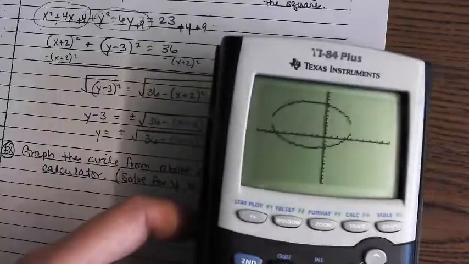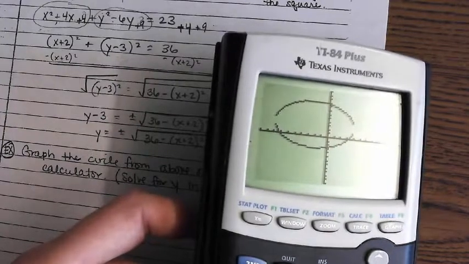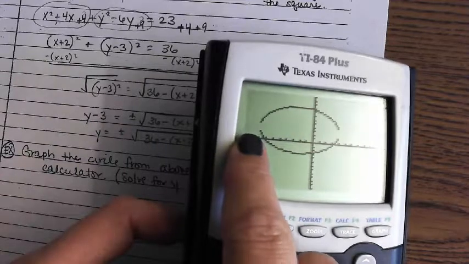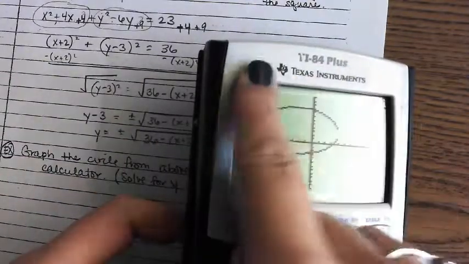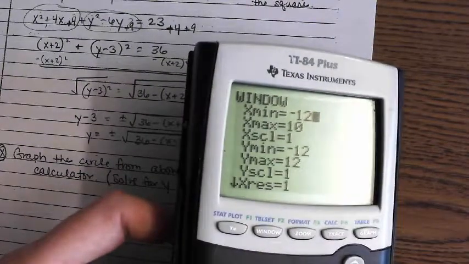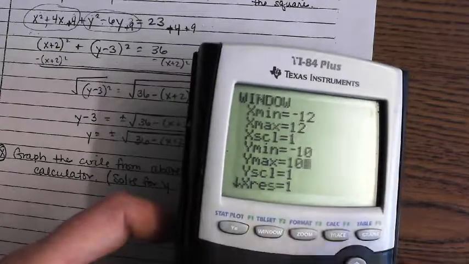Did that get better? More like a circle or less like a circle? Yeah. You actually would want to change the x because you want the ratio of your x scale. See how the x is the longer side of the rectangular screen? So I think you'd change your x maybe to negative 12 to 12 and keep your y the same.